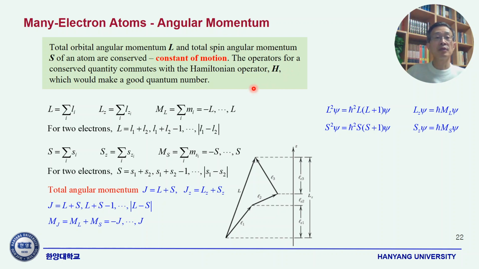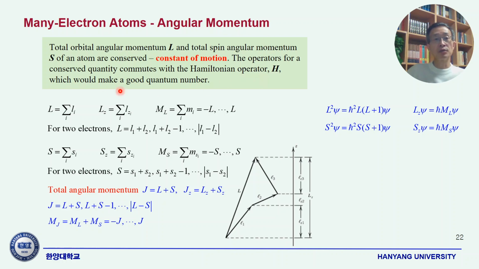The candidates for that are angular momentum and spin angular momentum, because they are constants of motion, and if the operators represent a conserved quantity, then they should commute with the Hamiltonian operator.